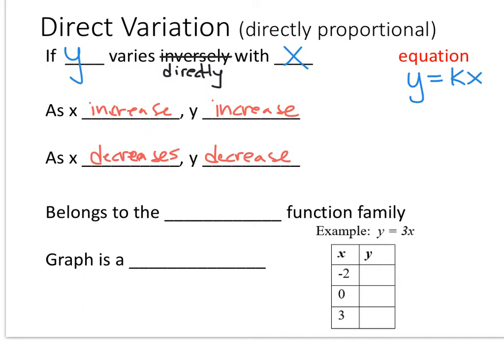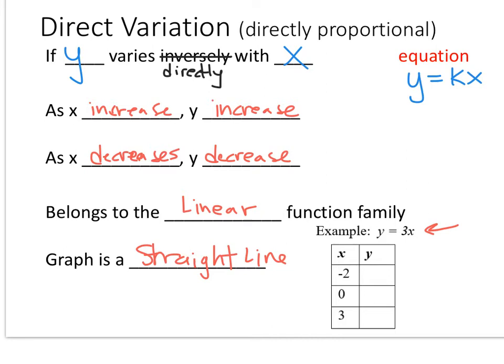Now this belongs to the linear function family, and if you really look at this, this value of k, this constant of variation, acts as our slope. So this tells us how much it goes up by every single time, or how much it goes down by every single time. So this graph is a straight line. Anytime that we look at a direct variation, our graph is going to be a straight line just because of the relationship between those.